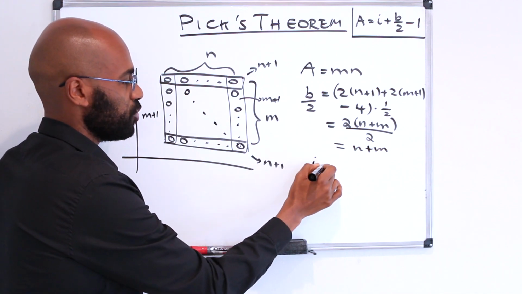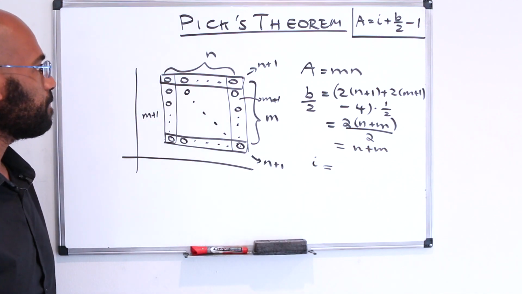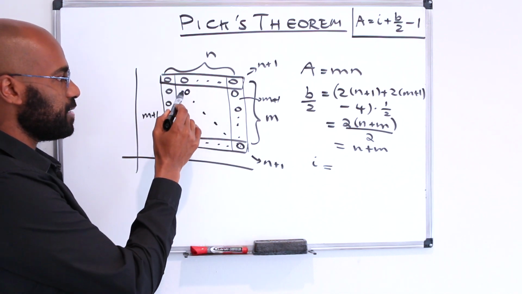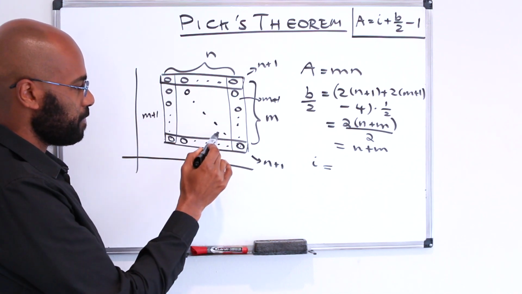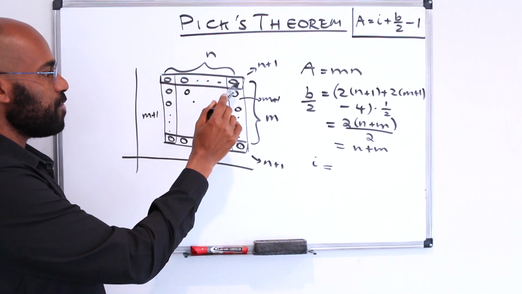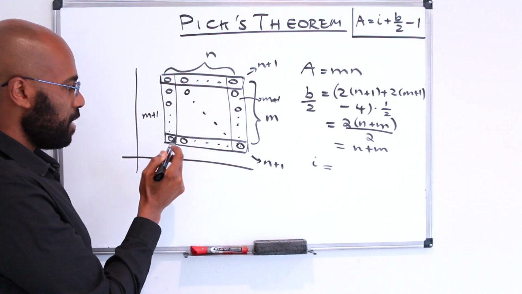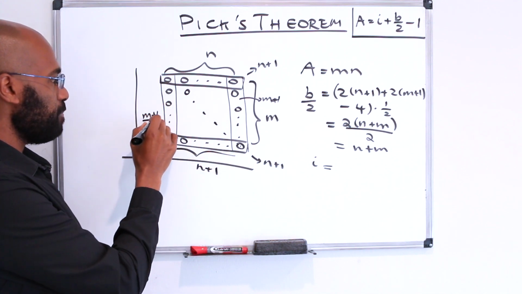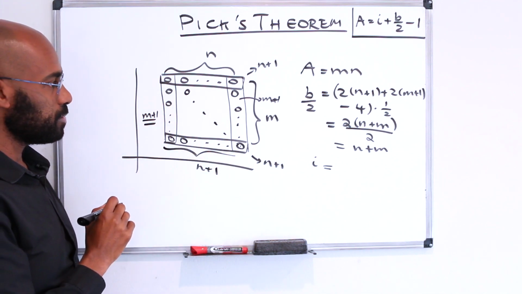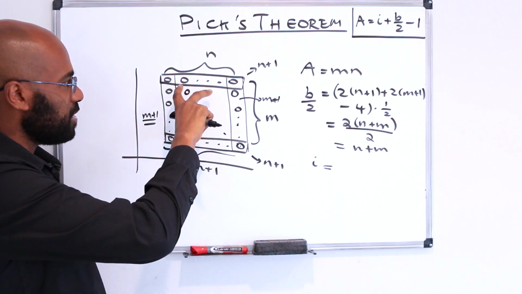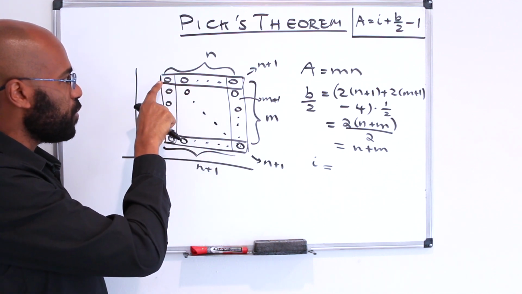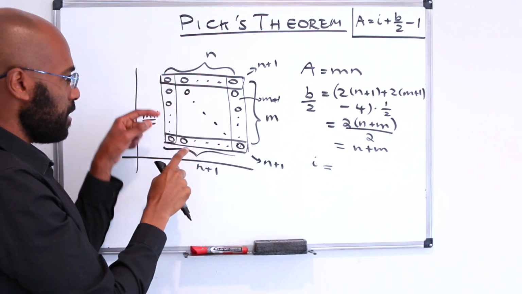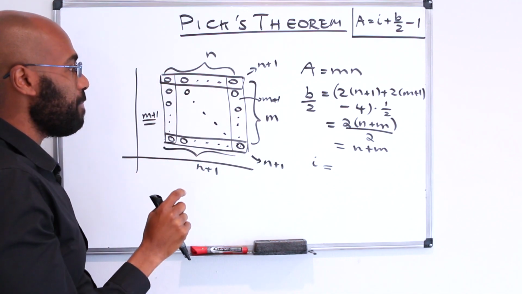So now the question is, what's the number of interior points? So we can think about the interior points as everything that's inside of here. Right? This entire thing is an array of n plus 1 times m plus 1 many points. Now, if we go into the interior square, we're reducing n plus 1 to n minus 1 and m plus 1 to m minus 1.